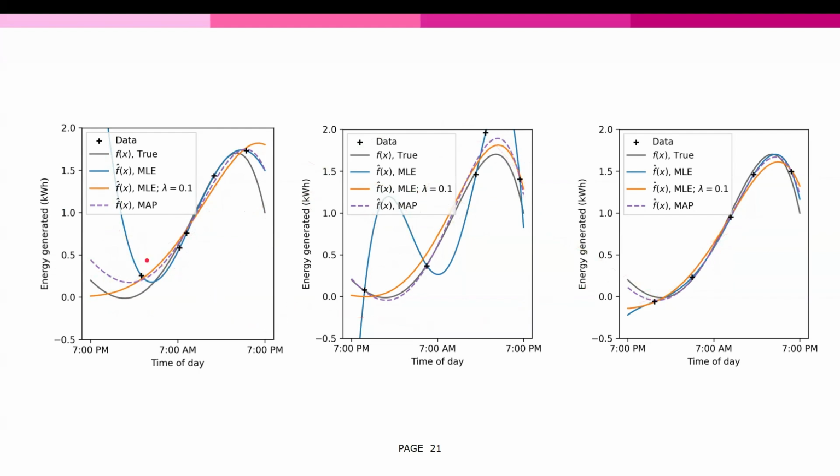But then the MAP estimate, in these purple lines here, because it reflected not just the data but also our prior belief, seemed to do a better job of more often capturing the qualitative shape of the true underlying distribution than either the unregularized solution or the MLE estimate.